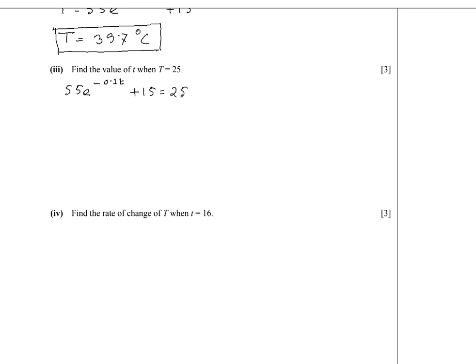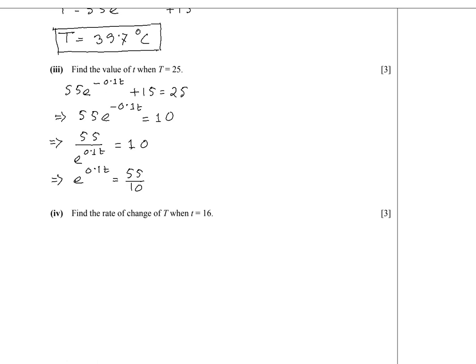Now let's subtract 15 from both sides. On the left hand side, we get only 55 times e to the power minus 0.1t, and on our right hand side we get 10. Now it can be written as 55 over e to the power 0.1t equals 10, which again can be written as e to the power 0.1t equals 55 over 10.